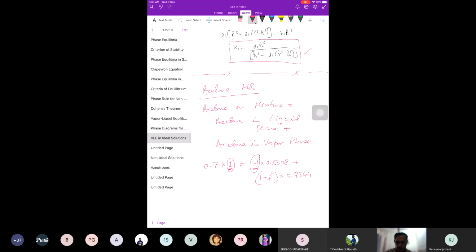The vapor will have more of the more volatile component, जिसका boiling point कम है वो वेपर में ज़्यादा रहेगा। ये बताया था मैंने आपको distillation के principle में, राइट?